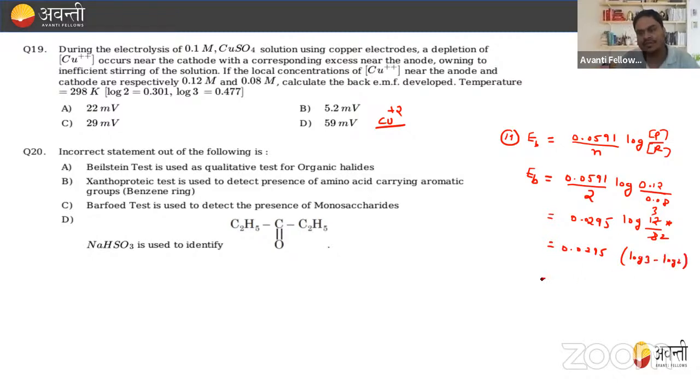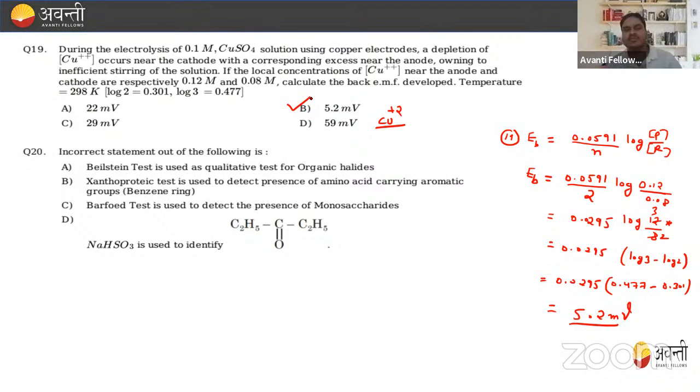Just put in the values: log 3 is 0.477 minus 0.301. So what you get is 5.2 millivolt, right? So the correct answer is D.